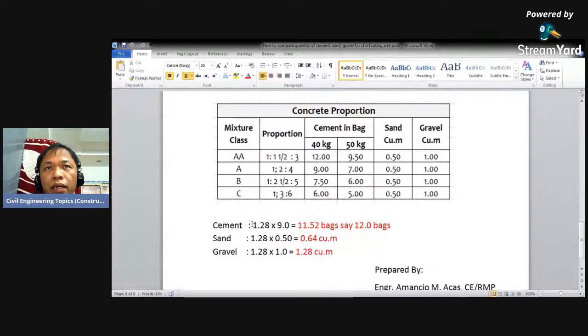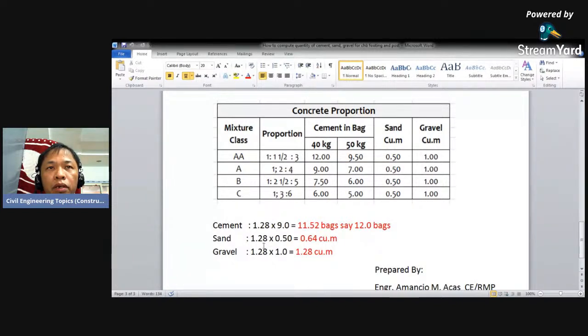So 1.28, this is the total volume of the concrete post and concrete coating. We will use class A, multiply by 9 is equal to 11.52 bags of cement. So we cannot buy 11.52. So we will say 12 bags of cement.